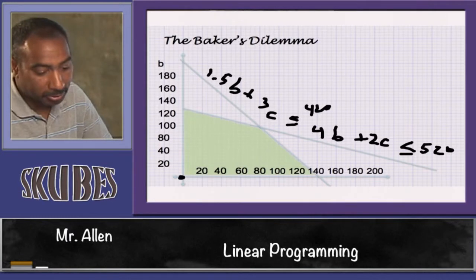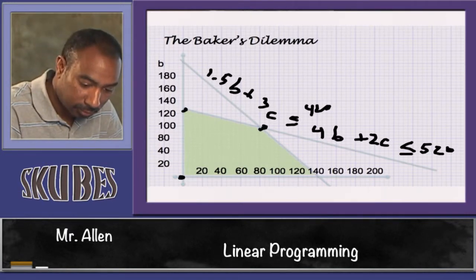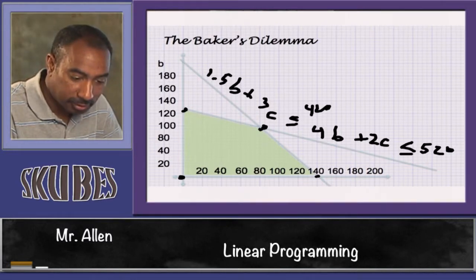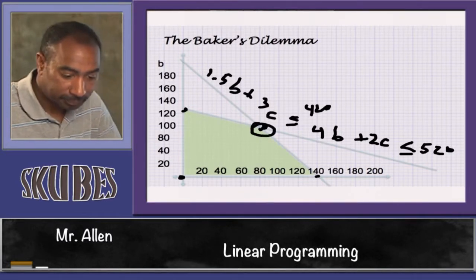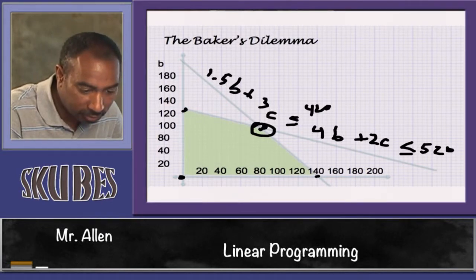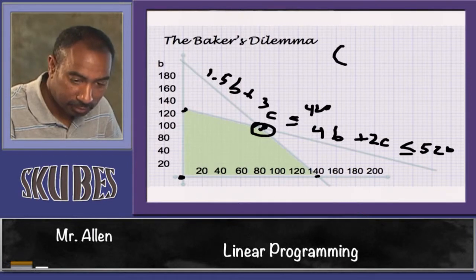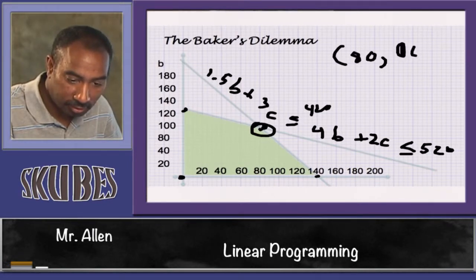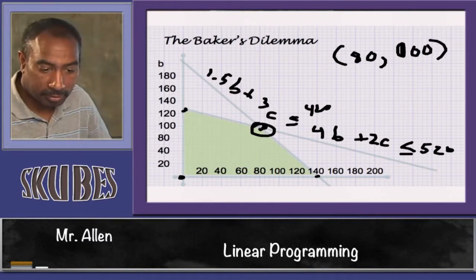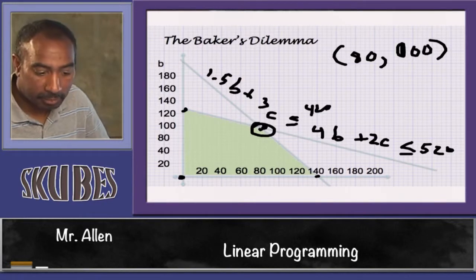It doesn't make sense to have 0 because you're going to get 0 profit. The one that makes sense is to try this one. If you look at that point, this is going to be 80, 100. That means if I make 80 brownies and 100 cookies, let's see what that profit would be.